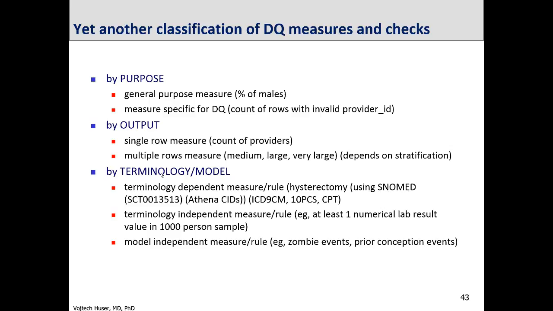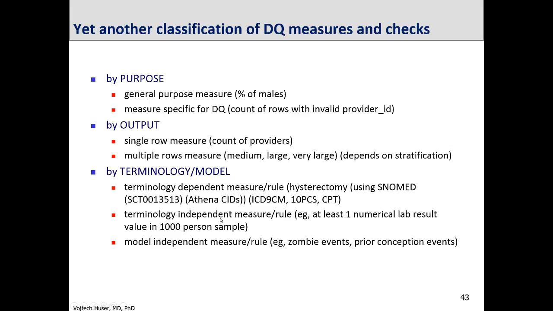So if I have a rule which checks for unusual procedures given gender, for example hysterectomies seen in males, and my common data model is really using SNOMED as the main diagnostic measure, the measure will already have a built-in dependency on terminology, and I would have to create a data quality specific measure where I would abstract out those hysterectomies in the definition of the measure to be able to perform a generic data quality check on that.